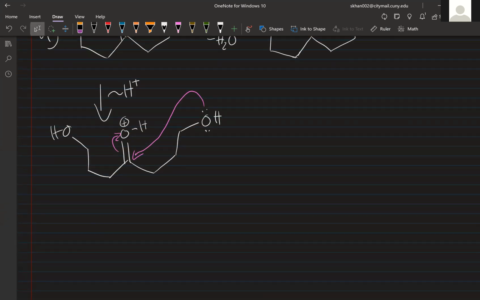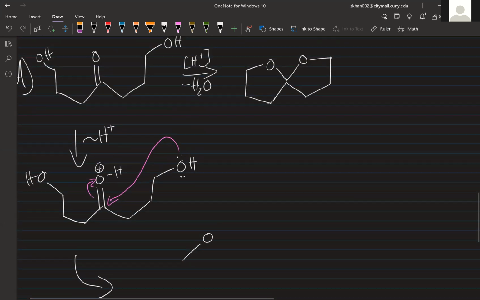Kick this up. Now, this is the part where you just have to make sure you draw your structures properly. You could just use that final structure, so here's your O bond, one, two, three carbons in between. One second, I just want to draw this properly.